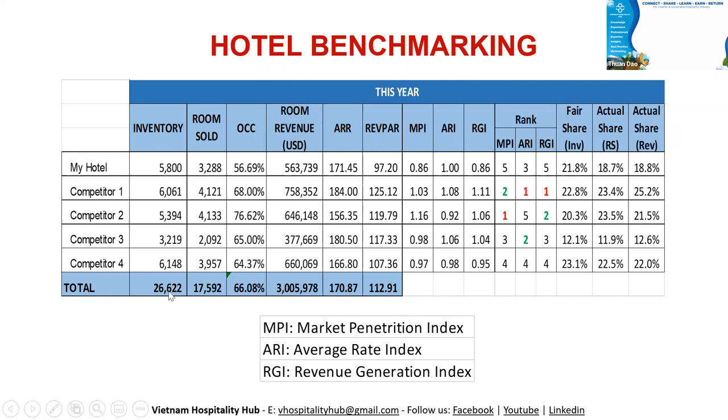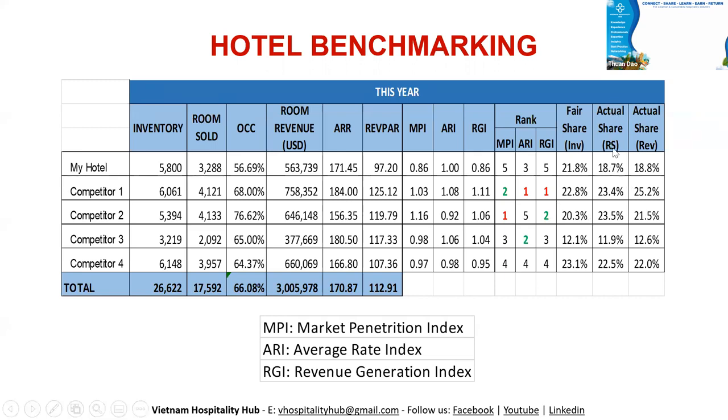You take your inventory and divide it by the total inventory here, and it becomes this percentage, the fair share. Fair share means the proportion of rooms you contribute in the CompSet. So that's the percentage that you have.